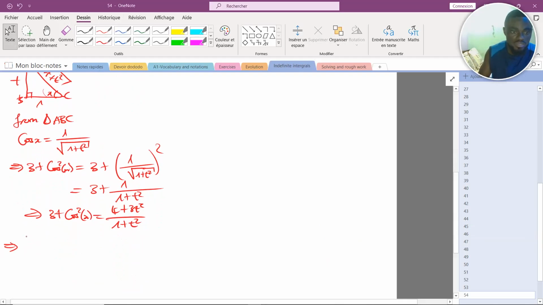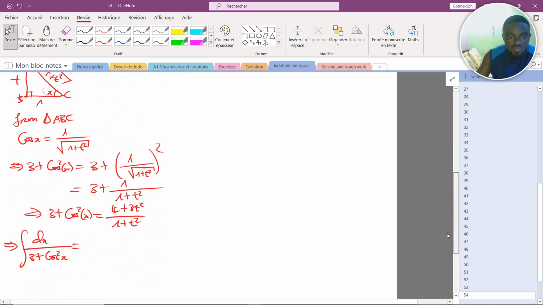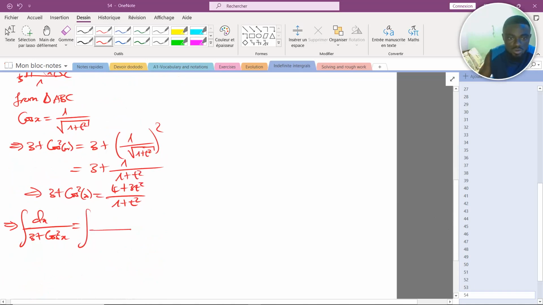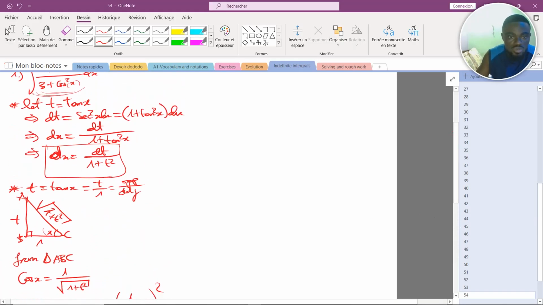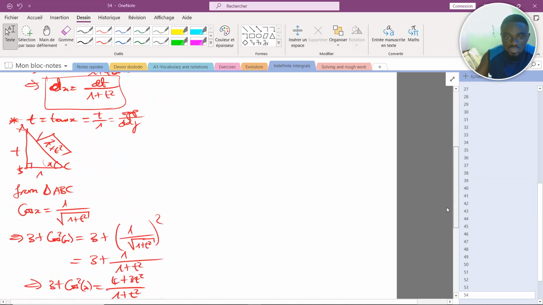So the integral of dx all over 3 plus cos square x will be equal to, I substitute my dx. My dx was equal to dt on 1 plus t squared.